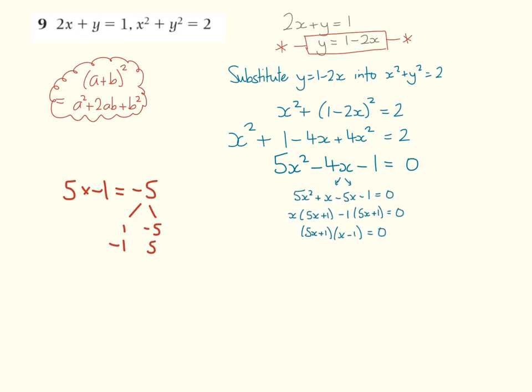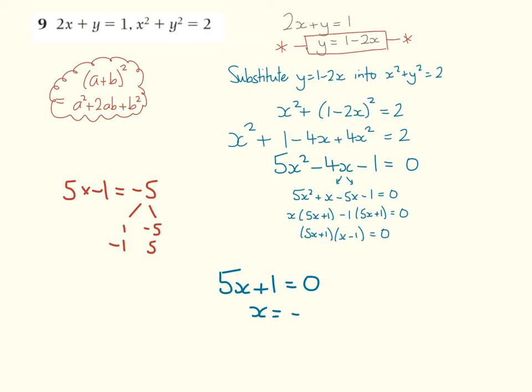So we just shrink that again. Slowly run out of room on this screen. So I'm going to get 5x plus 1 equals 0, which gives me x is negative 1 over 5. I'm going to convert that into a decimal just to give myself a bit more room, so it's negative 0.2.